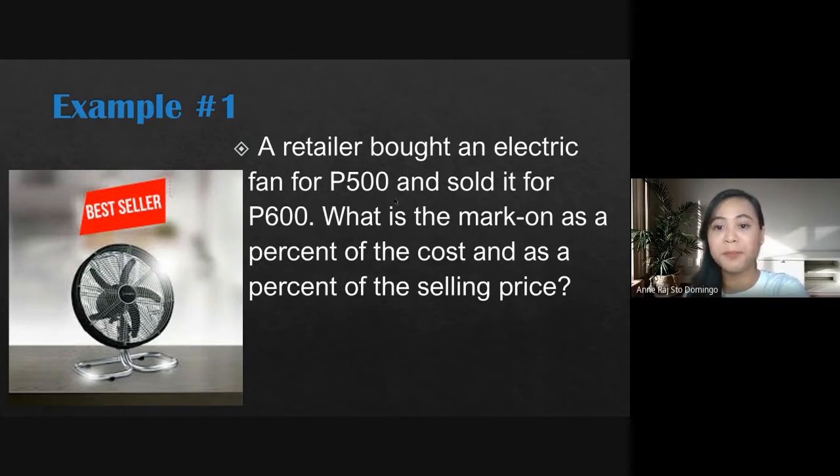The problem here: what is the mark-on as a percent of the cost and as a percent of the selling price? So what are we being asked? What is the problem? What are we looking for? We have a given cost and a given selling price.